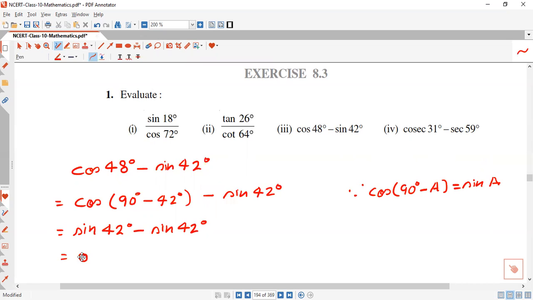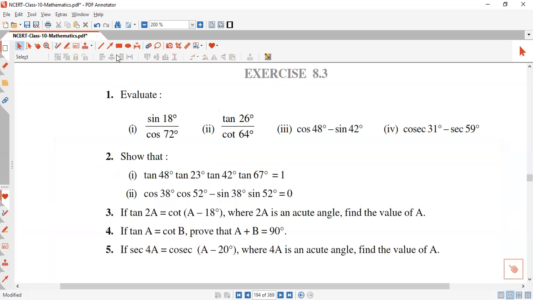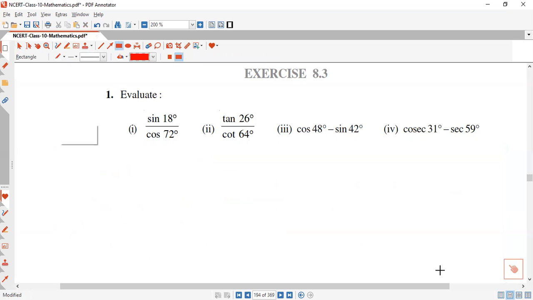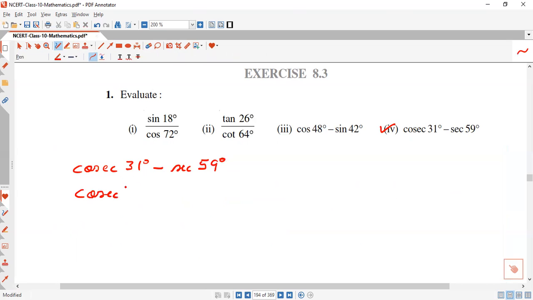The fourth part. We want to evaluate the value of cosec 31 degree minus sec 59 degree. Cosec 31 degree can be written as cosec of 90 degree minus 59 degree, minus sec 59 degree.